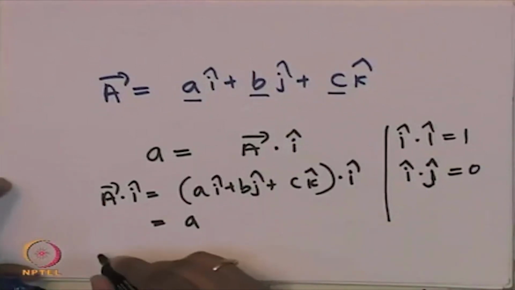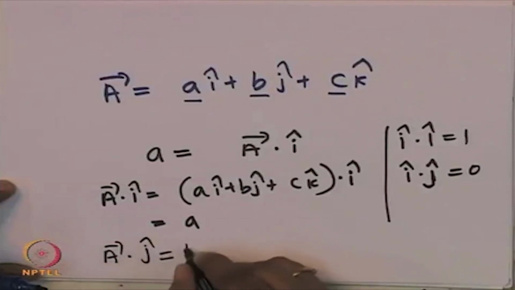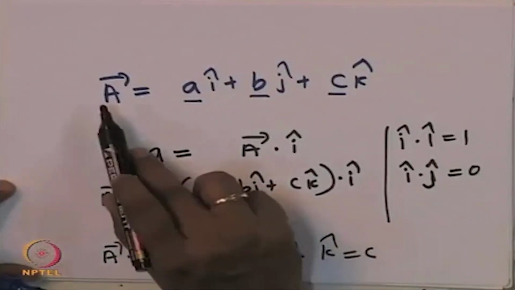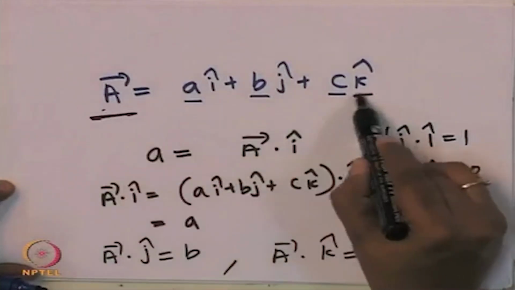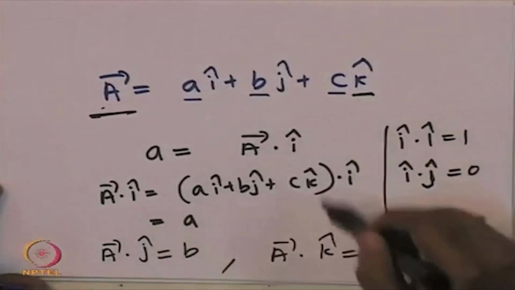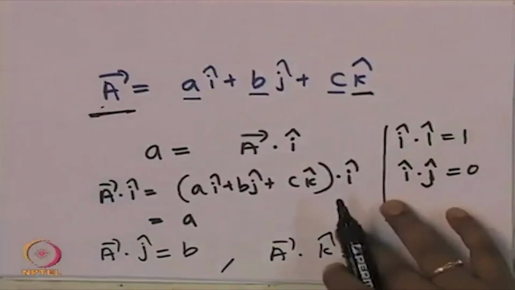Similarly, we can write A dot j is b. Similarly, A dot k is c. So you multiply this vector with k, that is what you did, and then you get the coefficient. Now let us think in a similar fashion here.